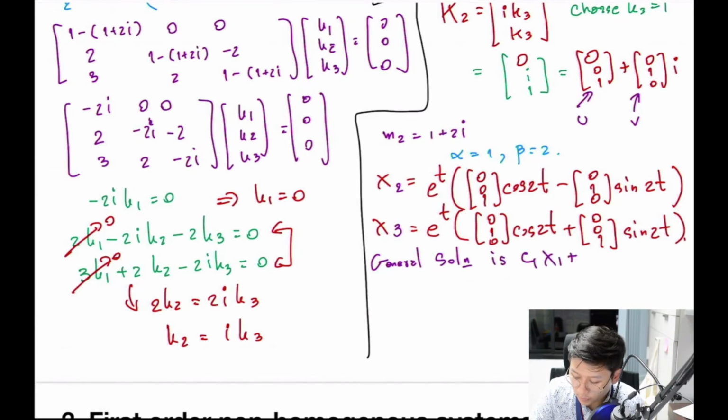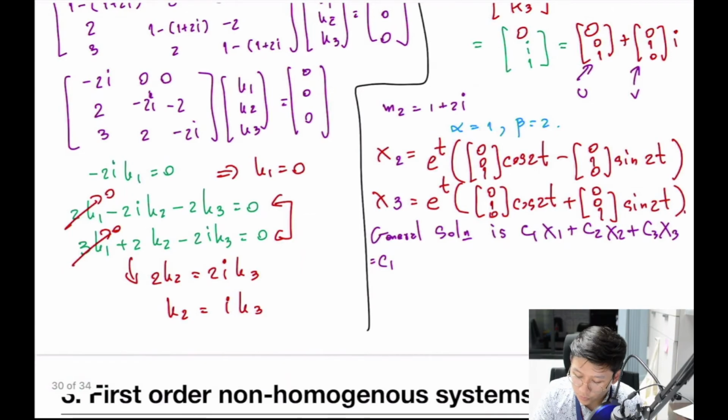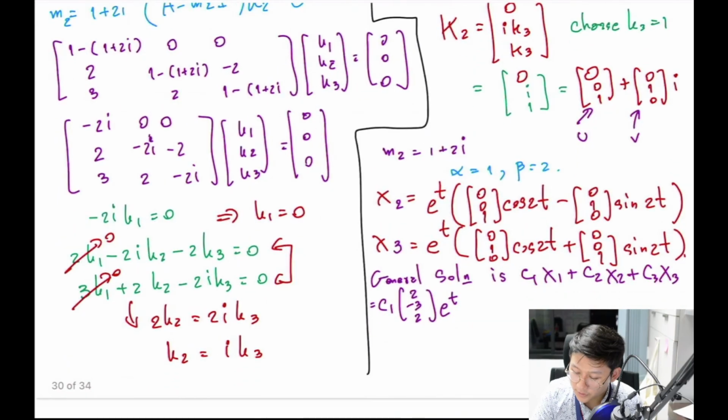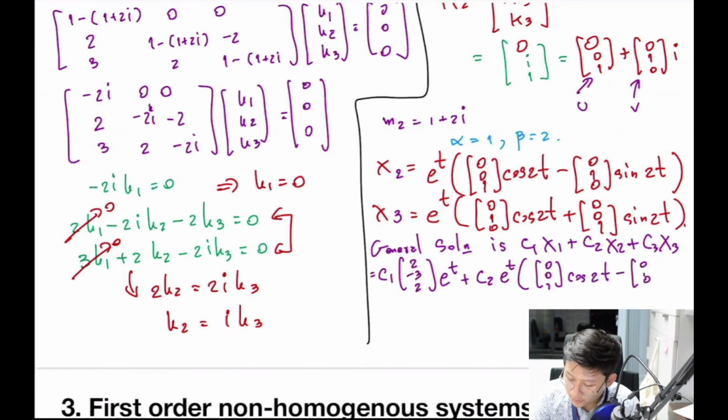c1 x1 plus c2 x2 plus c3 x3, which is c1 times x1, which would be 2 minus 3 2, e to the t, 2 minus 3 2, and then plus c2 times x2, which is e to the t, 0 0 1 cos 2t minus 0 1 0 sine 2t.